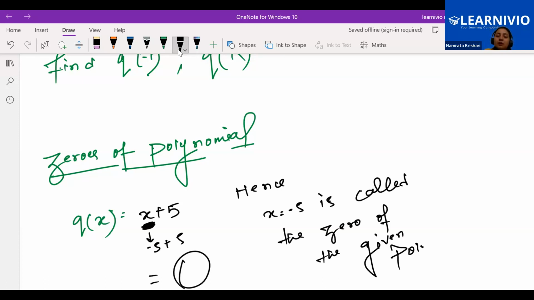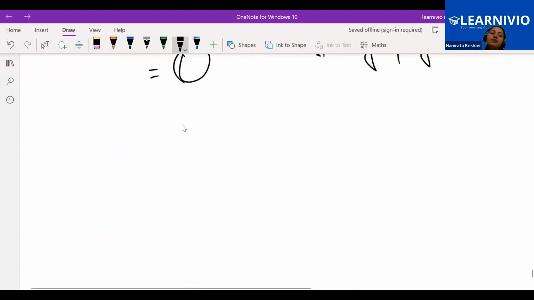polynomial. Okay, so let's find zeros of a few more polynomials just by observing the polynomial. Suppose I am having a polynomial, let's say p(x) is equal to x minus 20.